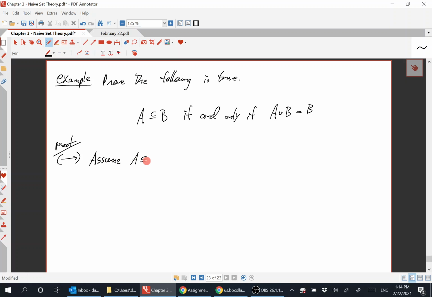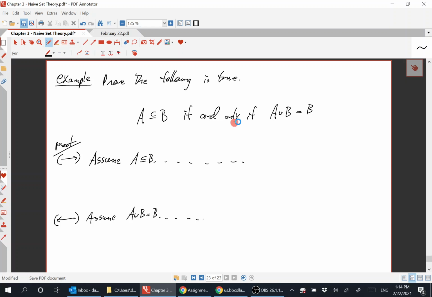So assume that A is a subset of B, and then we'll argue that A union B is equal to B. And then the proof the other way, assume that A union B is equal to B, and then we'll prove that A is a subset of B. Okay, but we've only got 1 minute left, so there's not enough time to do it. So we'll go over that next time, right?